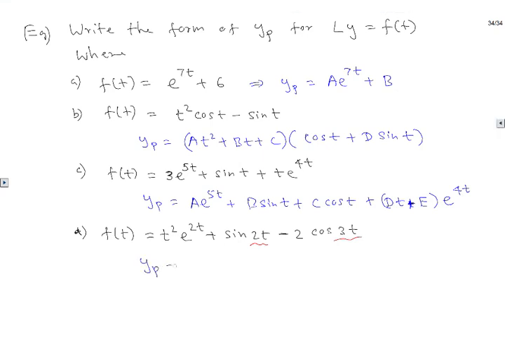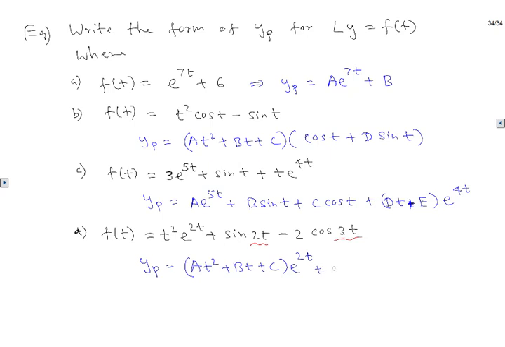Yp equals, this is a degree 2 polynomial, so (a t squared plus bt plus c) times e^(2t), and again we assume that 2 is not a root of the characteristic polynomial.